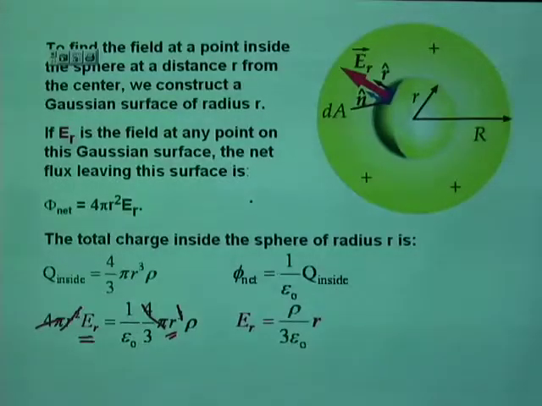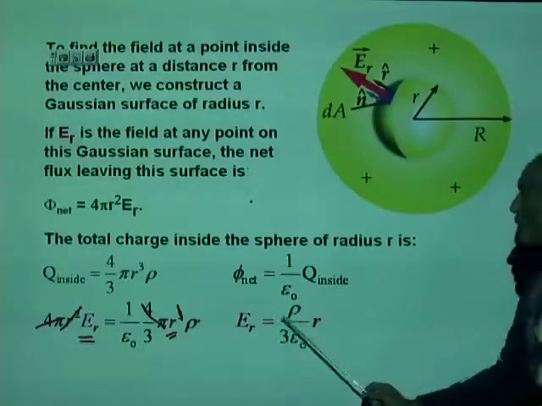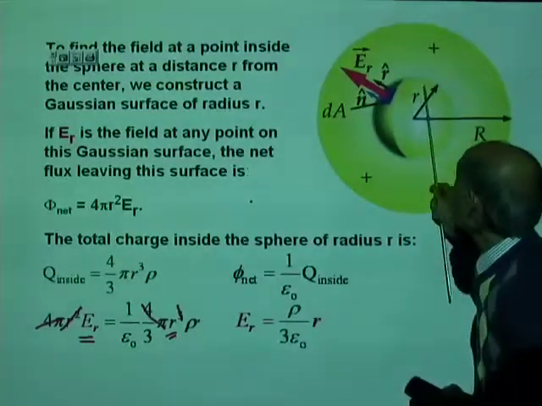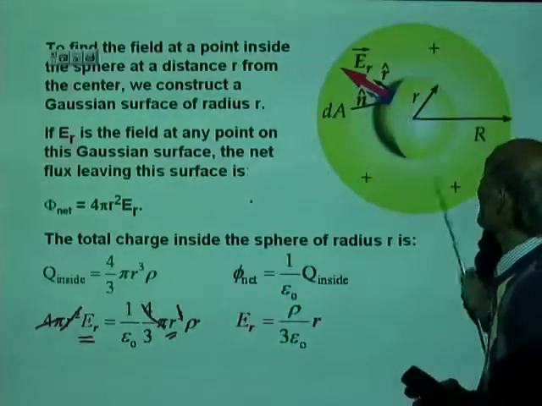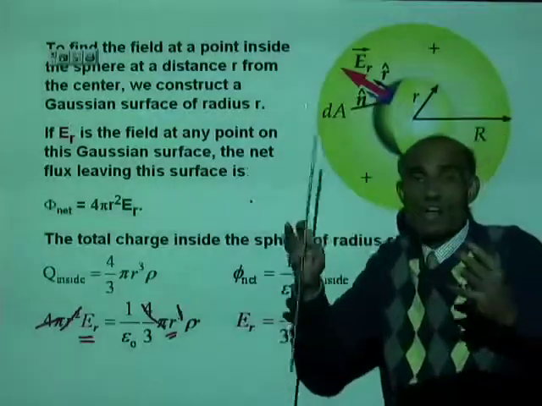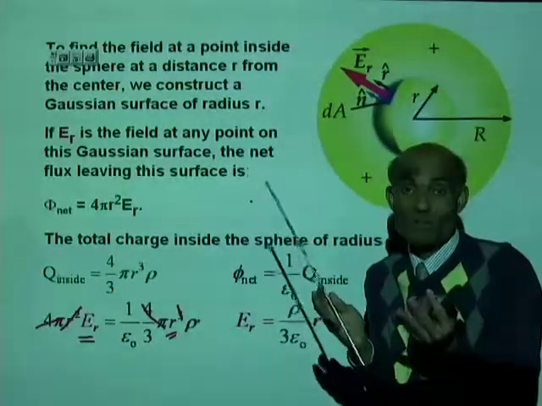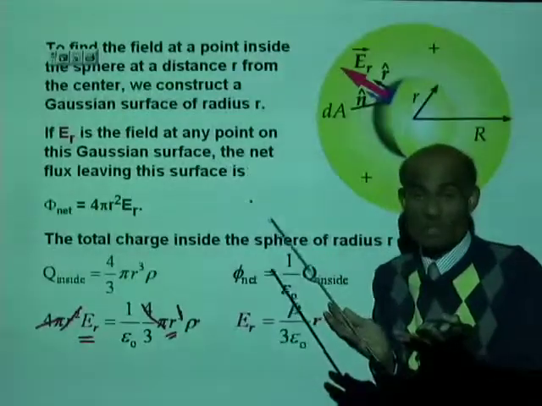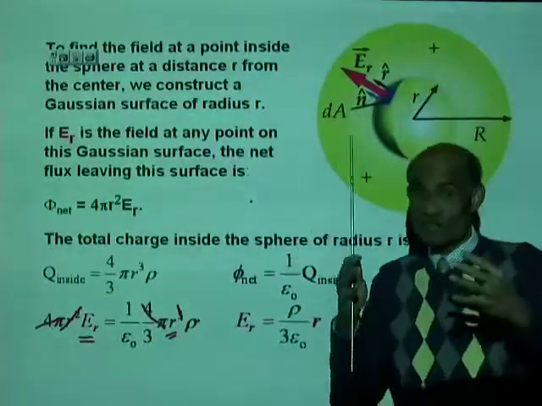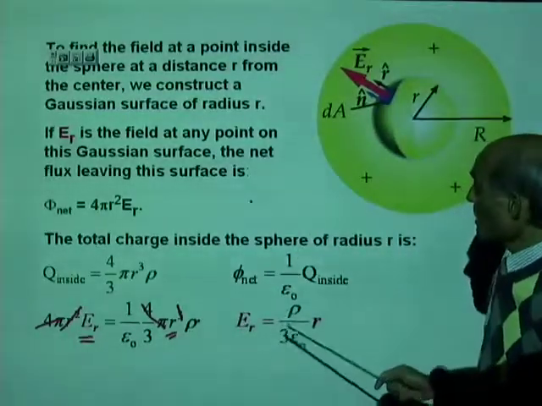So ER equals rho divided by 3 epsilon naught times r, and this is the expression for the electric field at any point inside the charged spherical object. That is not a shell, it's a solid sphere.